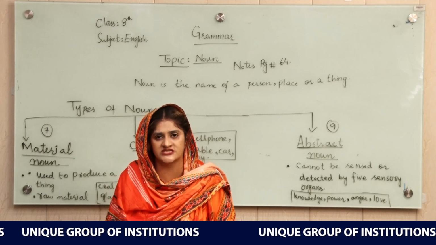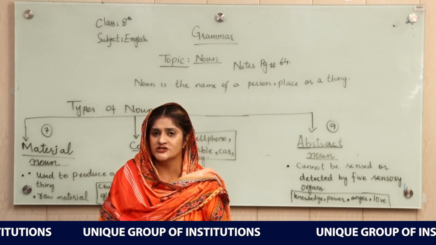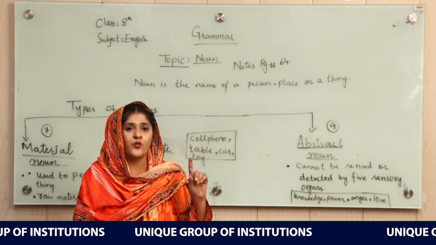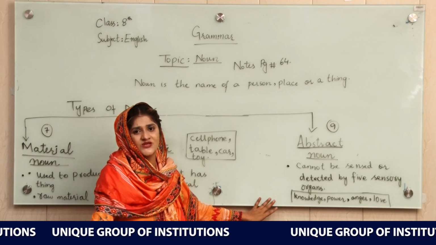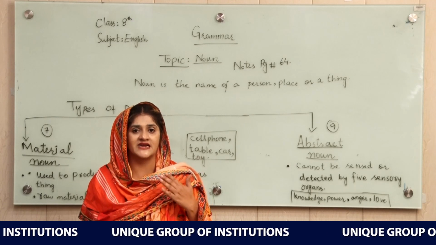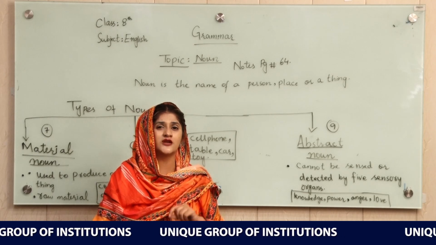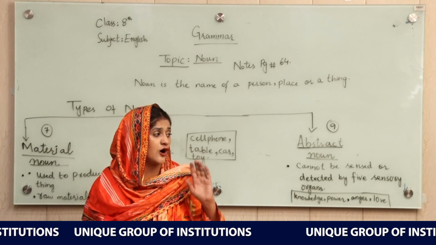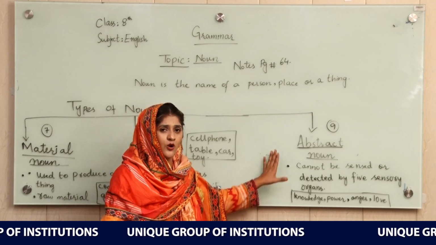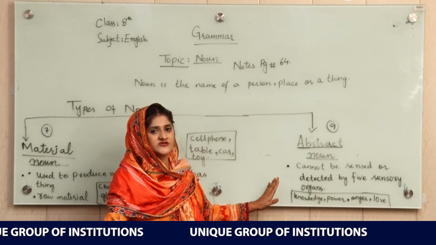I cannot show it to you. And anger and love, these are all emotions, so it also cannot be detected how much. So whenever these types of examples come, honesty for instance, anything which cannot be detected or sensed by the 5 sensory organs, and whose amount or number you cannot tell, all these examples will be in the category of abstract noun.